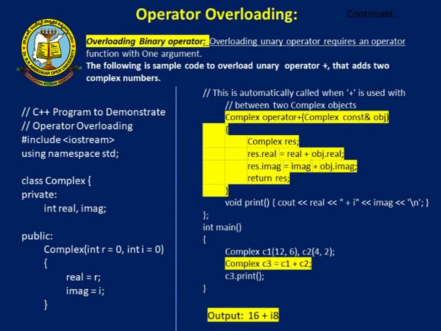A constructor is a member function of a class which is used to initialize any object. And if you see this, it has some default arguments. So it will automatically set the r and i values to zeros. That means it will automatically initialize these data members to zeros initially. It is a default constructor.